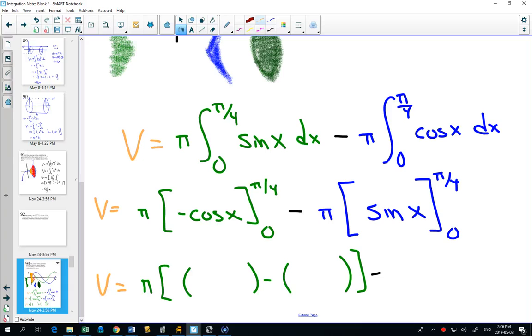What is cos of pi over 4? One over root 2 or negative root 2 over 2. Minus cos of 0. Cos of 0 is 1. Okay. Minus, in blue, sine of pi over 4. Root 2 over 2 minus sine of 0, 0.